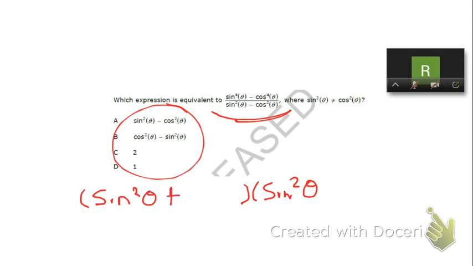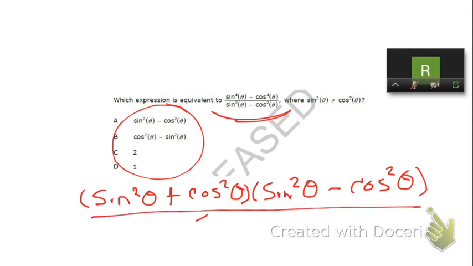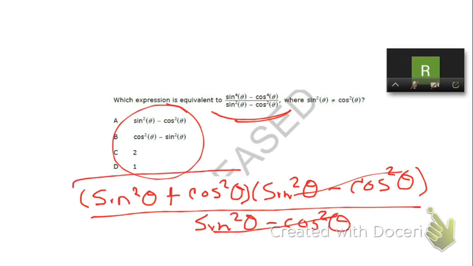You do plus, minus, you have cosine squared theta, and then the bottom is still going to be sine squared theta minus cosine squared theta. Now, you can plug this into a calculator if you want, but right now we see that this and this are the same thing. So we should know what this is because this is a trig identity.